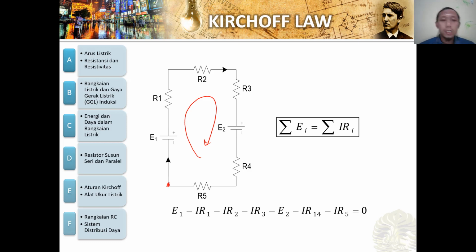We start from this node, first we get plus E1. Then we go to this node, we meet the negative, so this changes to positive E1 minus IR1 plus IR2 plus IR3. Then we meet the positive, so this must be negative: minus E2 minus IR4 and minus IR5, and it is equal to 0.